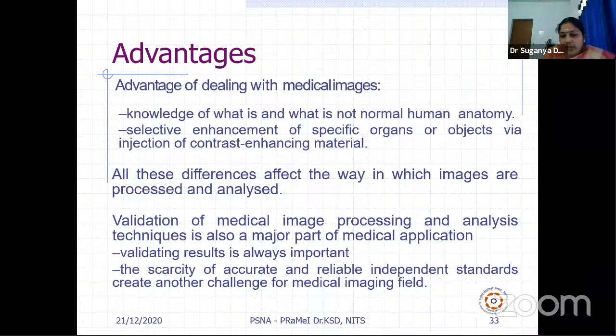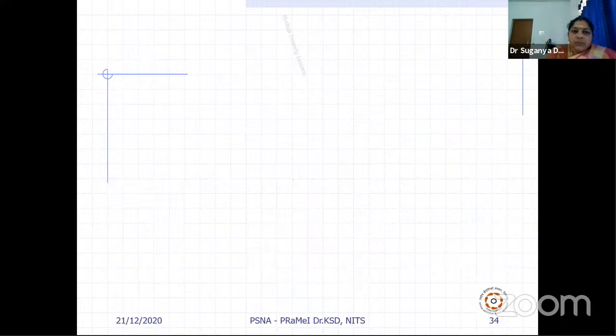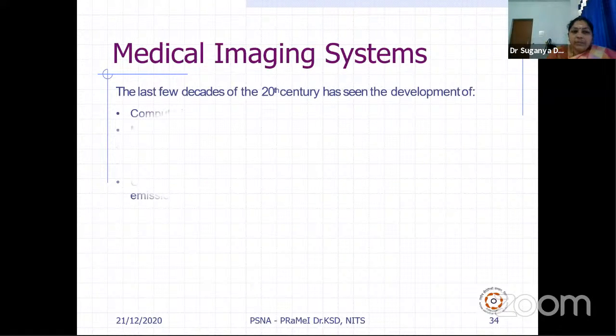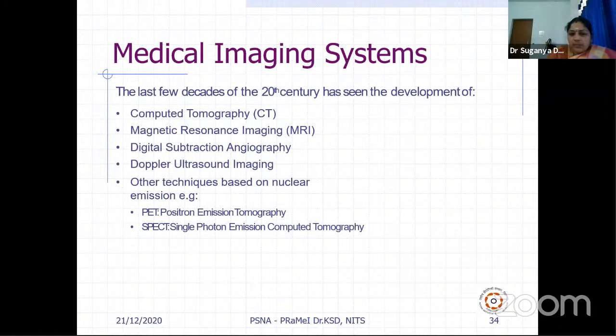The scarcity of accurate and reliable independent standards creates another challenge for medical imaging. So the medical imaging systems, that is radiology, mammography, angiography, these are all the major partitions we can tell in the medical imaging system. Imaging systems in the sense of how the medical images are captured, with what type of scanners. That is called medical imaging systems, or otherwise imaging modalities, what modality they are using for capturing the images.